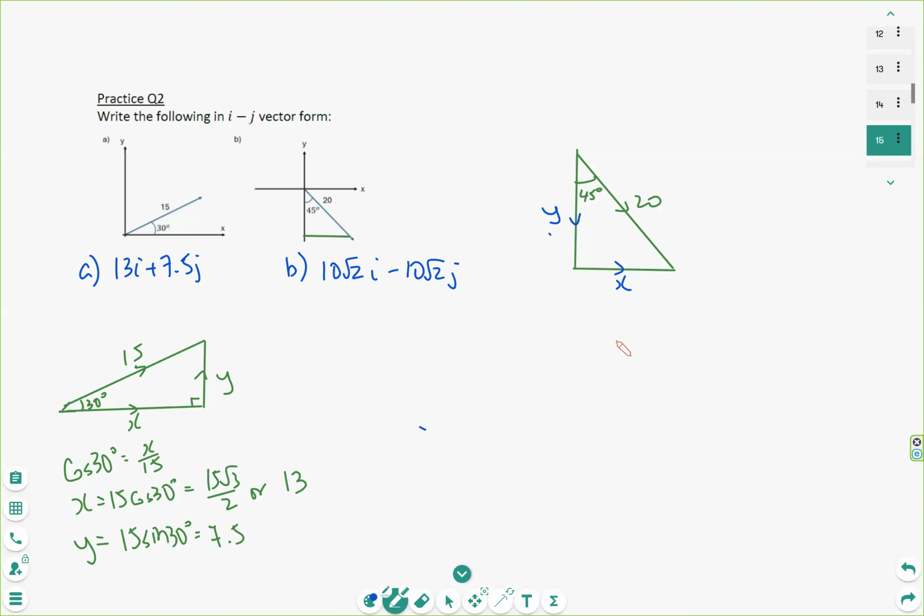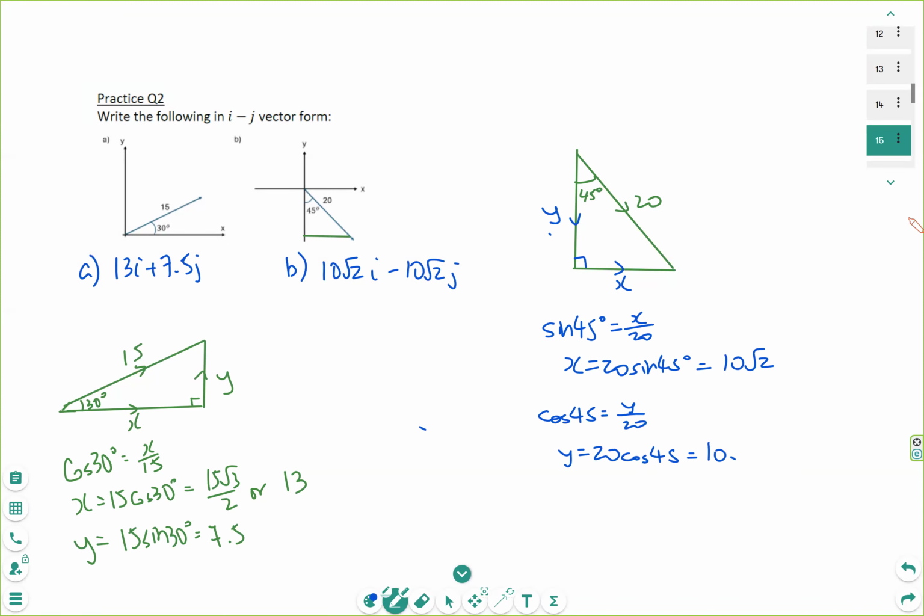Then we can use normal trigonometry. x is the sine, so sine 45 degrees equals x over 20. So x equals 20 sine 45 degrees. Put in the calculator, you get 10 root 2. For y, cos 45 equals y over 20, so y equals 20 cos 45, which is 10 root 2.